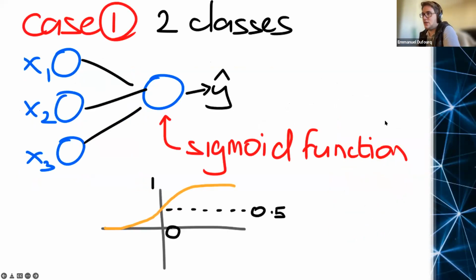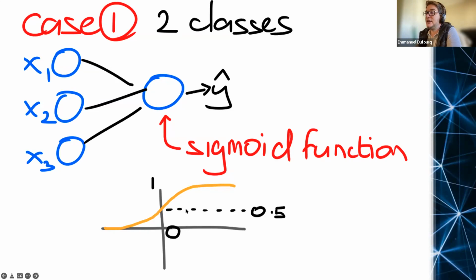So in the case of 2 classes, what we can do is we can have a single unit. Okay, so we can have a single output unit, and we can have a sigmoid activation function. The sigmoid produces values between 0 and 1. And what we can say is we can define a threshold of, say, for example, 0.5.